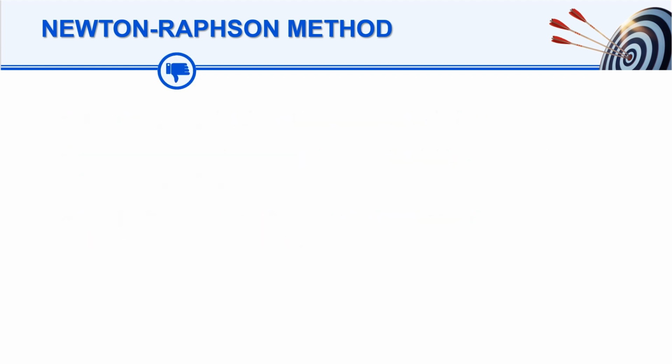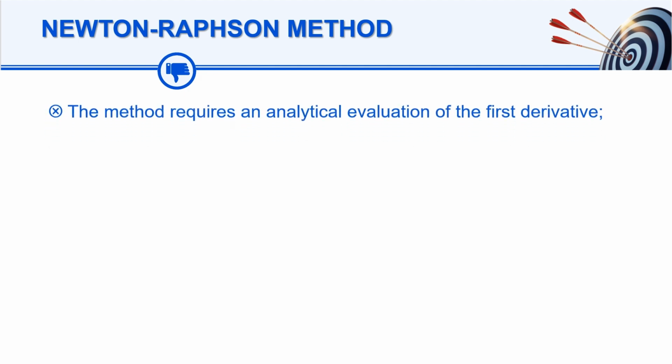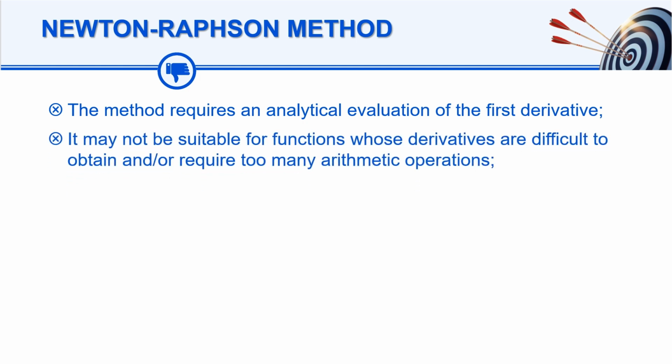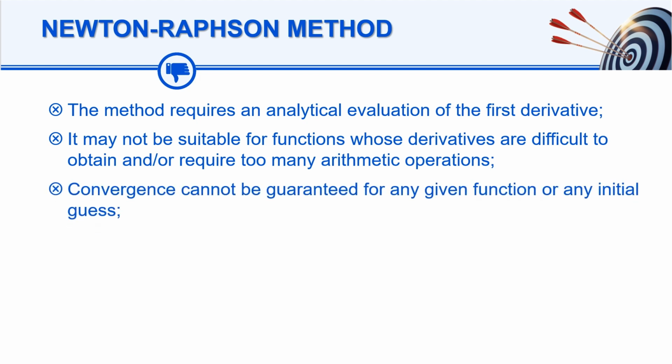The disadvantages of the Newton-Raphson method are: The method requires an analytical evaluation of the first derivative. It may not be suitable for functions whose derivatives are difficult to obtain and/or require too many arithmetic operations. Convergence cannot be guaranteed for any given function or any initial guess.